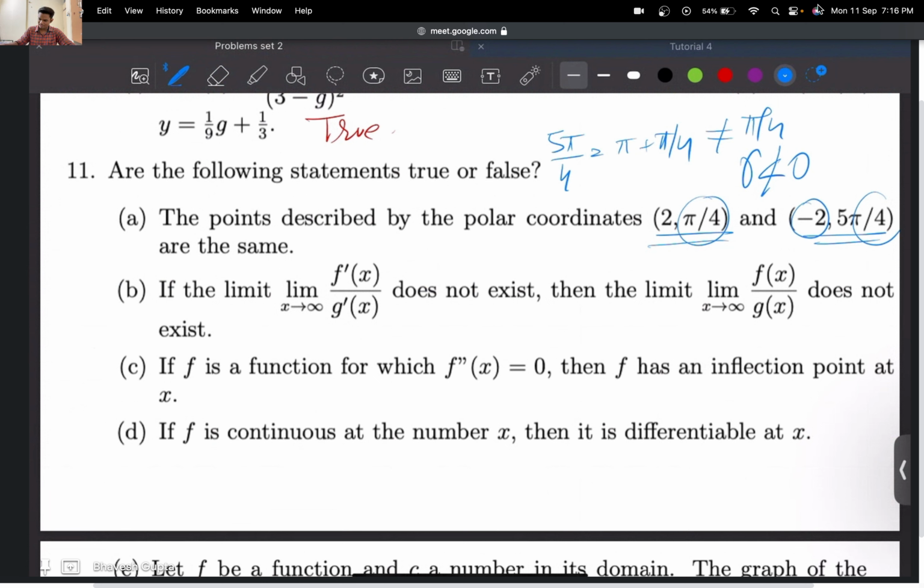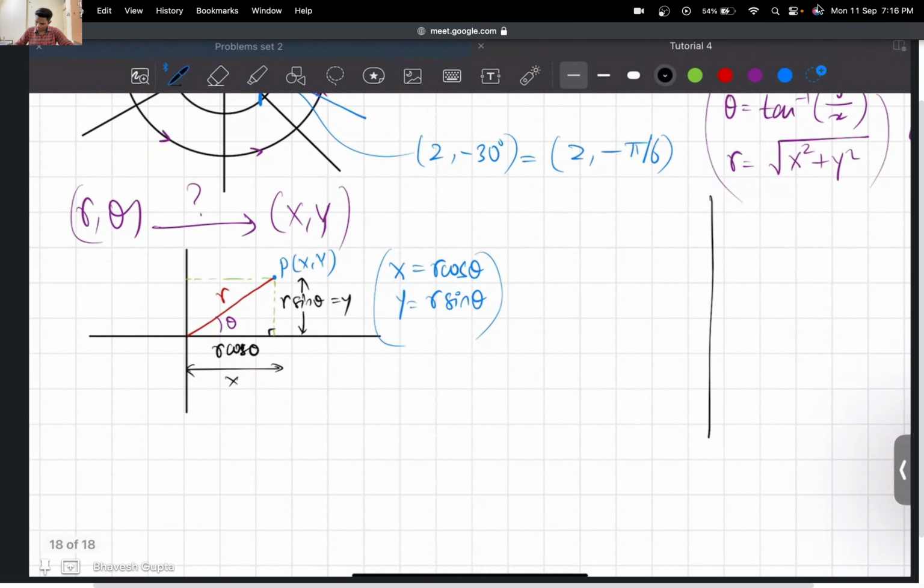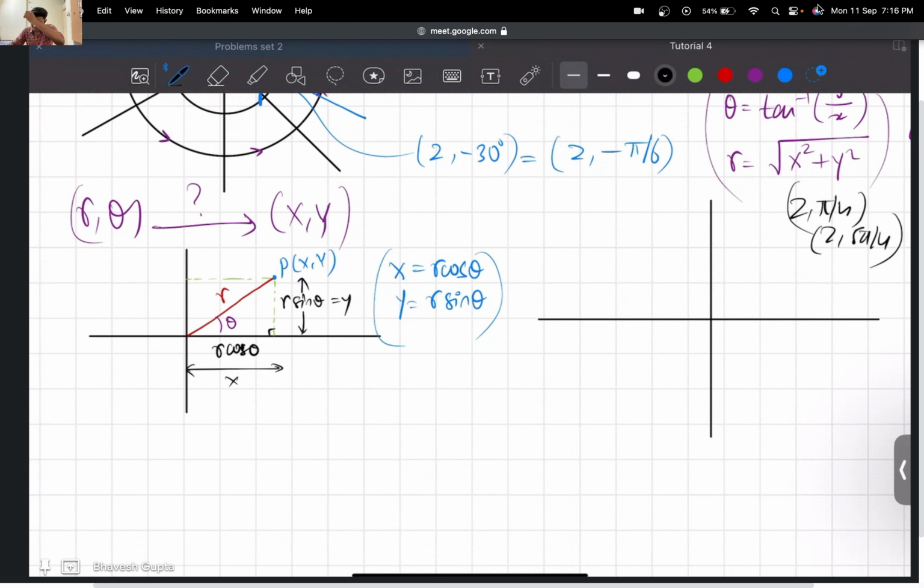Since they have given this example, I would like to illustrate that if these two points are given to me, 2 comma pi by 4 and 2 comma 5 pi by 4, you can see that one of the points is over here, symmetrically placed at a distance 2, making an angle pi by 4, which is nothing but 45 degrees.